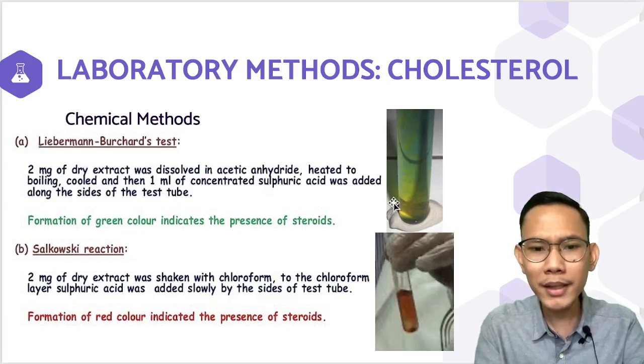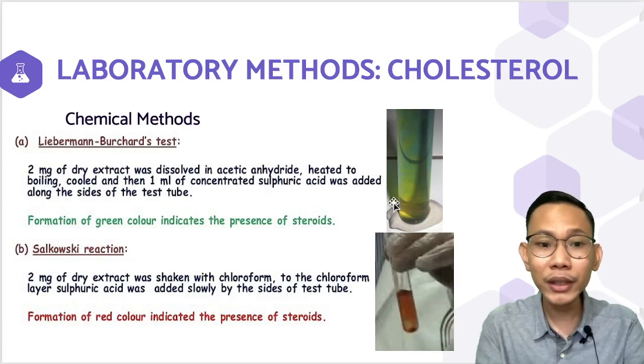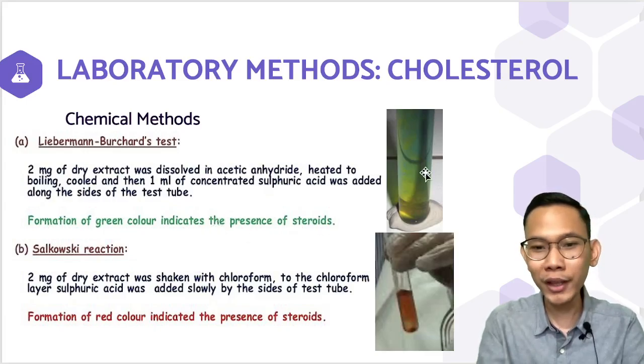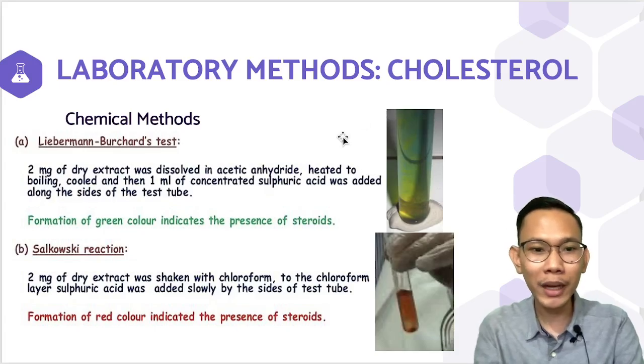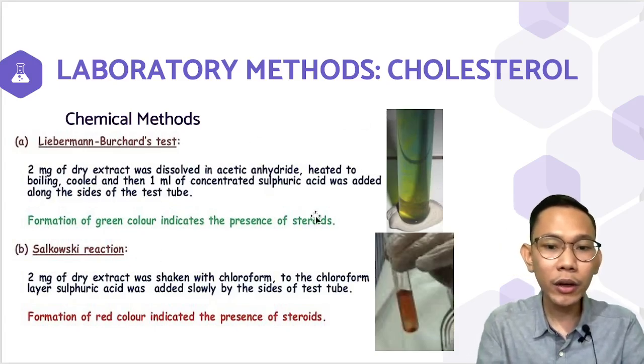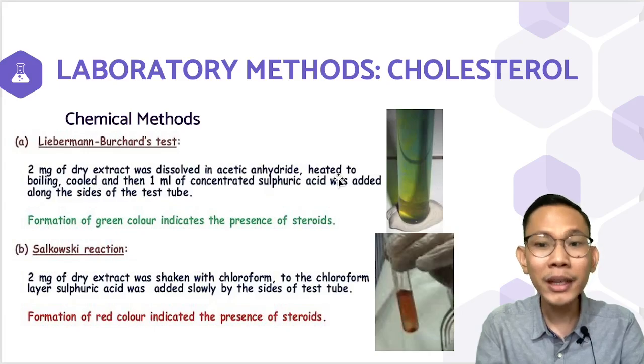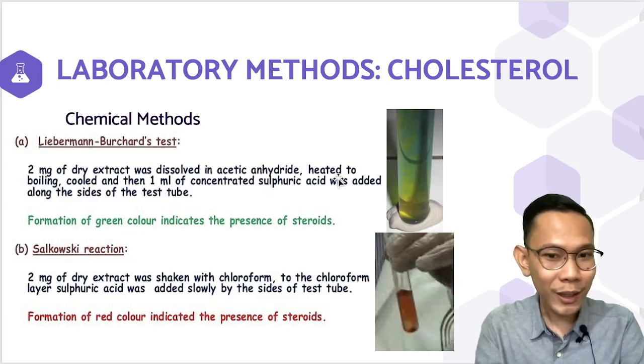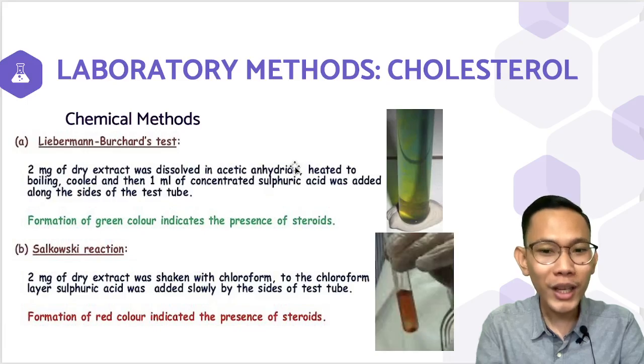So, what is positive for this test? Formation of your green color will indicate the presence of steroids. So, that's the positive green color. Pag Lieberman-Burchard, dapat green color, presence of your steroid. Remember, steroid is cholesterol. These are made up of your cholesterol.